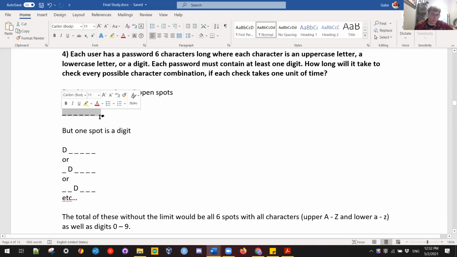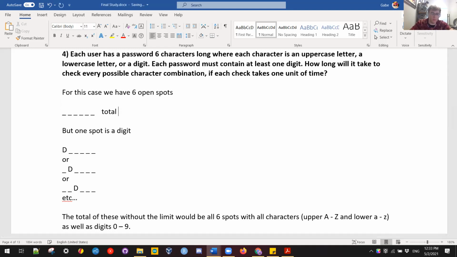The total of everything with no limitation minus all characters with no digits would give at least 1 digit. That guarantees that at least one of those positions contains a digit.